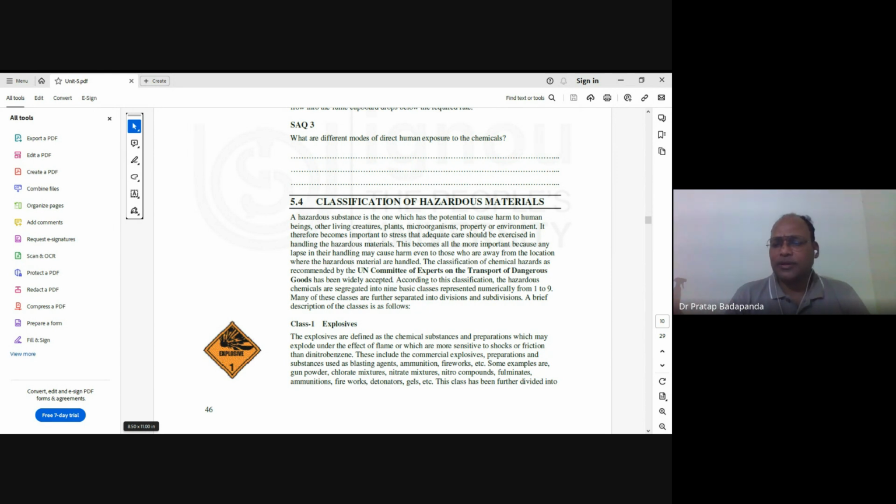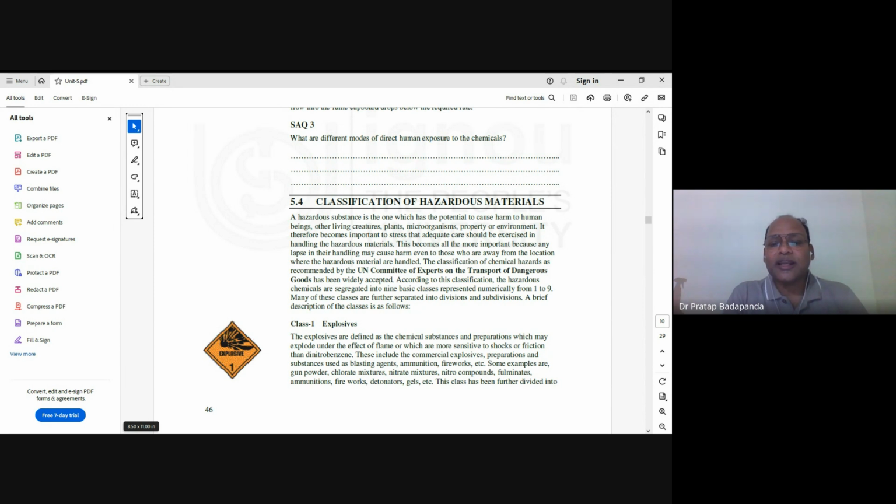If you see any container having a nitro, NO2, group, be careful about that. It is highly explosive in nature, so it should be carefully handled.